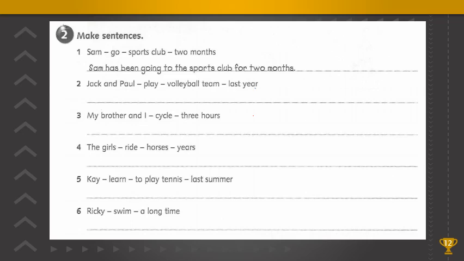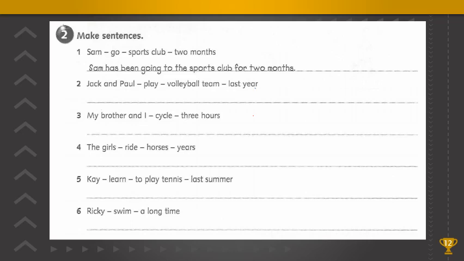This time we will be making sentences using the details that are given to us. So, for example, Sam goes sports club 2 months. So we say, Sam has been going to the sports club for 2 months. So remember the use of for and since.